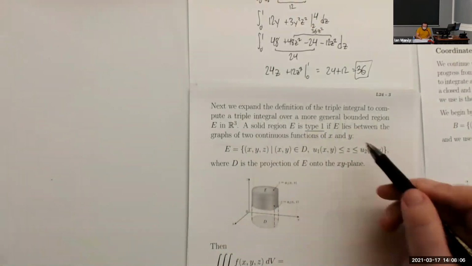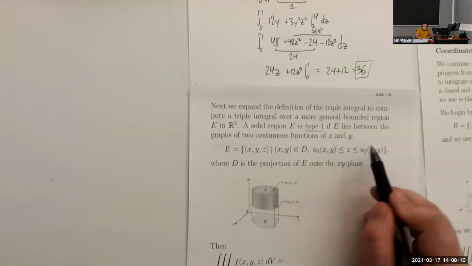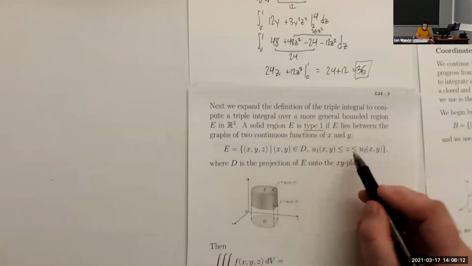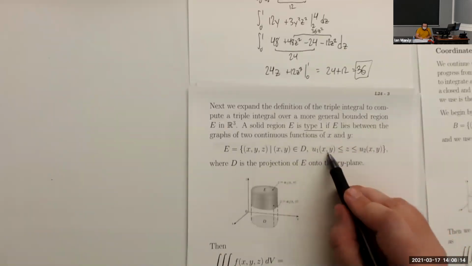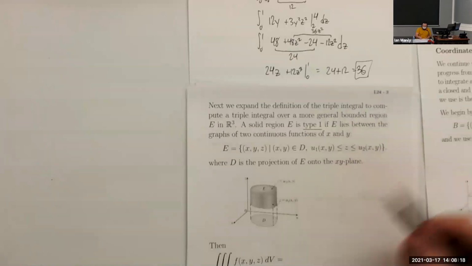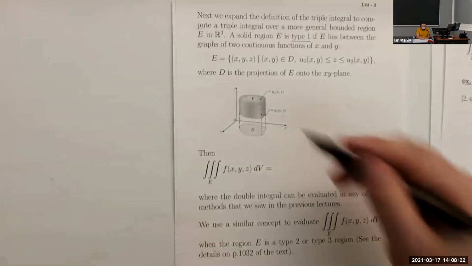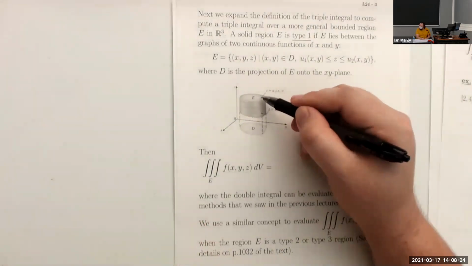The first one is where z is in between 2 different surfaces here. And this is called type 1, where z is a function of x and y, and it's in between 2 of those.